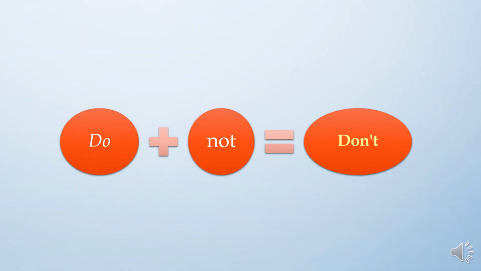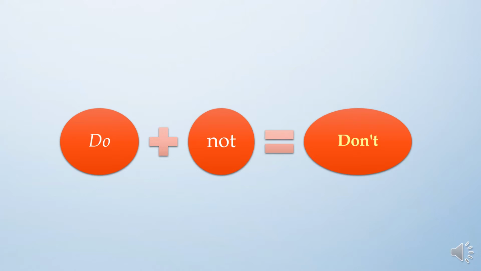Now contractions are really just a way to turn two words into one. It's a way to shorten the two words, to make them shorter. So for example, we have the words do not, and that turns into the word don't. Don't is the contraction.